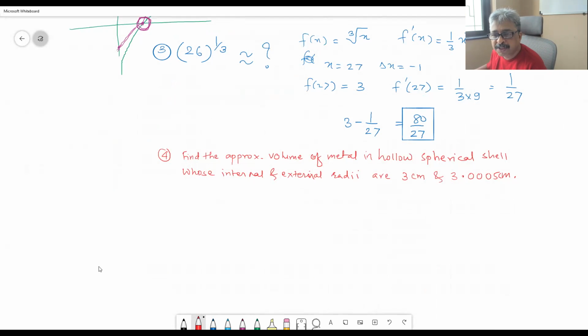You need a cube of this, na? So y is equal to x cube. So y dash is equal to 3x square. Okay, your a is equal to, x is equal to 3.